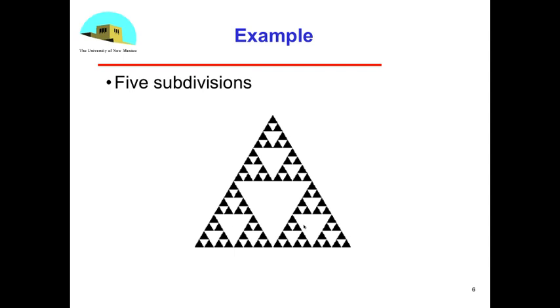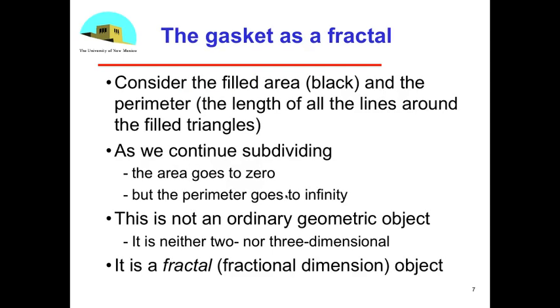I've got 3 of those, so I have a length of 9 halves, which is bigger than the perimeter that I originally started with. So you have this weird situation where at every stage you're decreasing the area, but increasing the total perimeter. The perimeter is going to infinity, the area of the object is going to 0, and that can't be an ordinary geometric object.